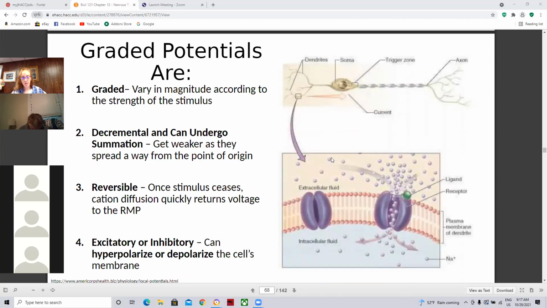So graded potentials vary in magnitude according to the strength of the stimulus. They're decremental and can undergo summation. So they get weaker as they spread away from the point of origin, and they can also add together or cancel one another out.